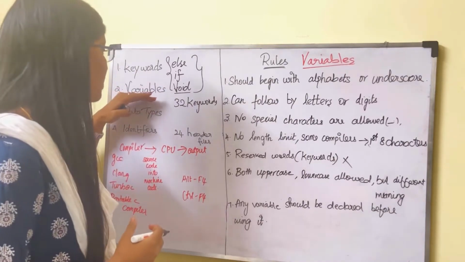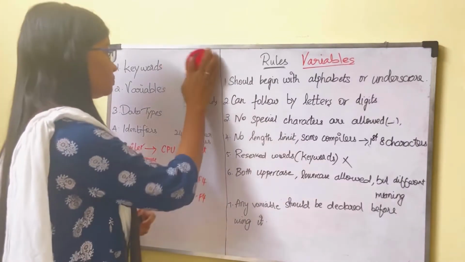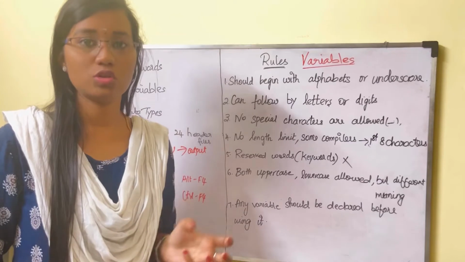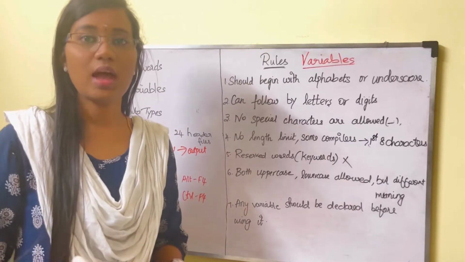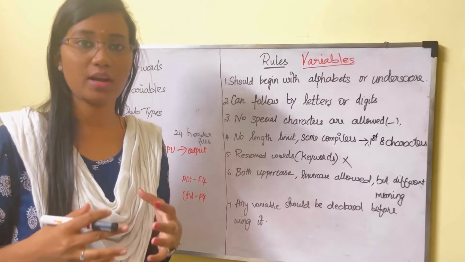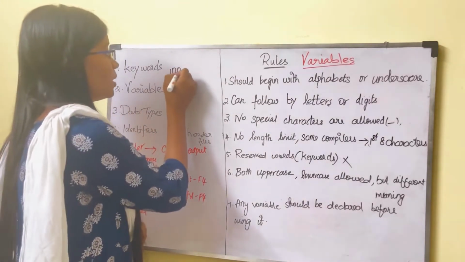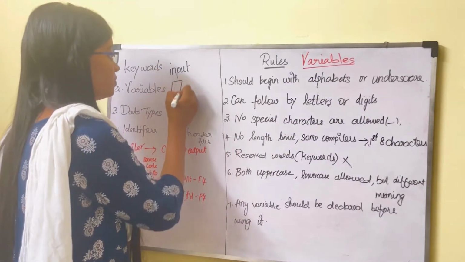Then what are variables? If we want to give input, the normal use of a program is that we give some inputs and we see what the appropriate output is. So if we want to give input in a program, we have to create memory space.